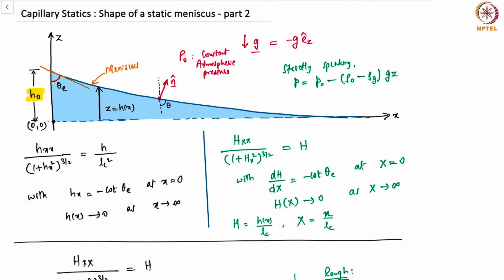And let me highlight that here for your benefit. This is theta in the middle. And what is this theta? This is the local angle measured from the vertical, the angle that the tangent to the interface makes with the vertical. Now, as x goes to 0, this theta becomes equal to theta e.